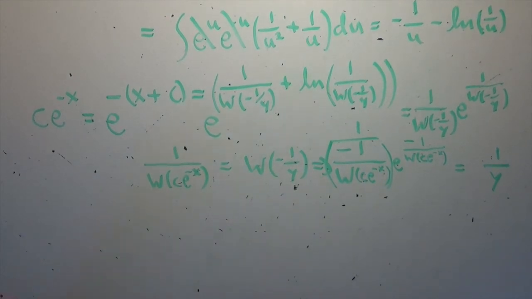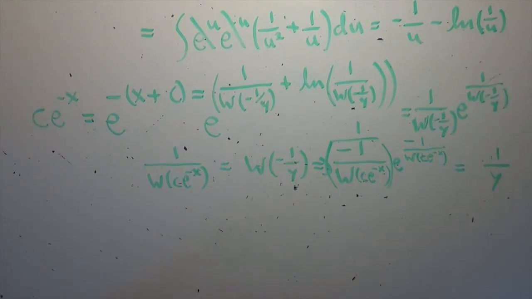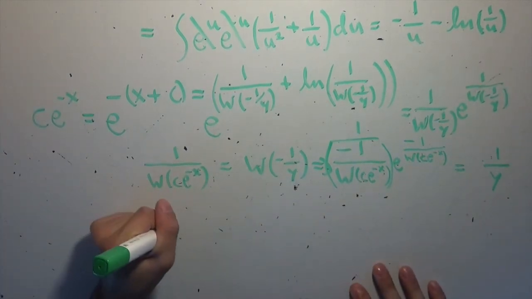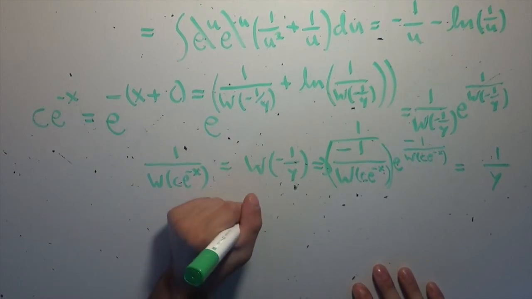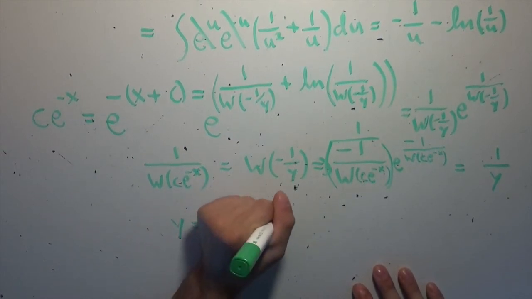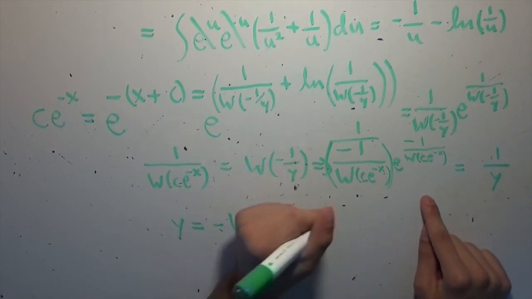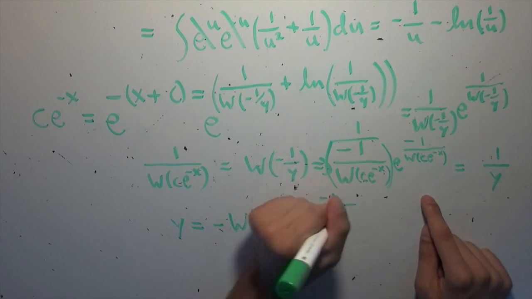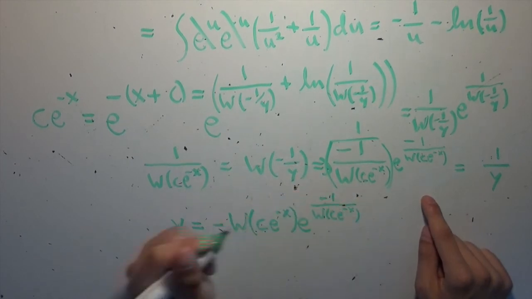The answer to the question of which functions have the same product derivative as their regular derivative, it's y equals negative w of a constant times e to the negative x times e to the power of negative 1 divided by w of that same constant times e to the negative x.